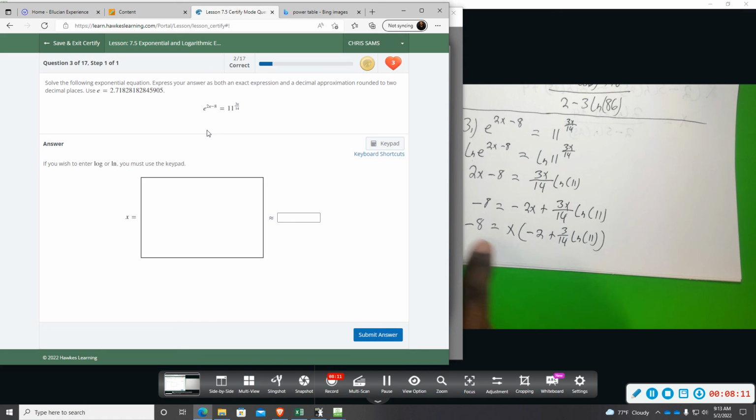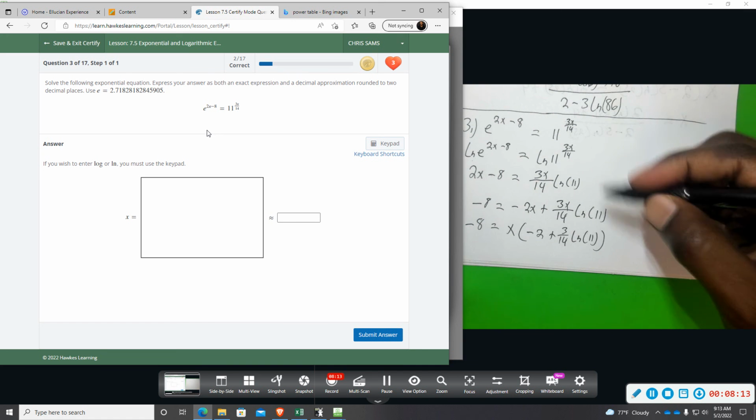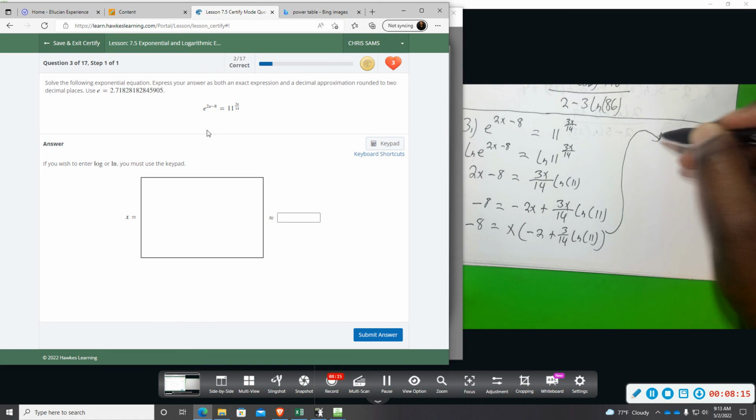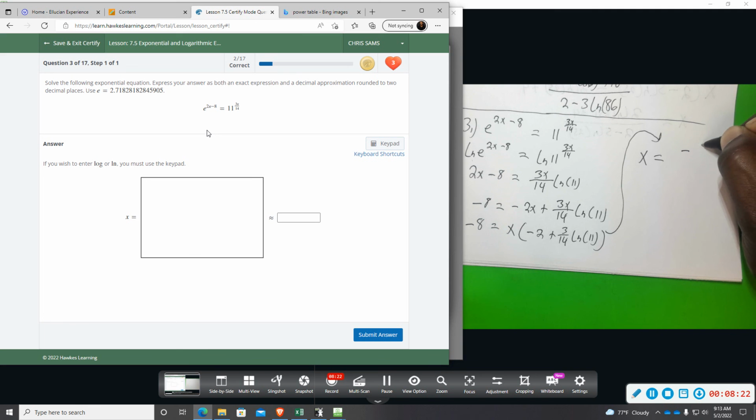And then I'm going to divide by all of this to get it away from the x. So I'll have x equal negative 8 divided by negative 2 plus 3 over 14 times ln of 11. Okay, so this is what we get for x.